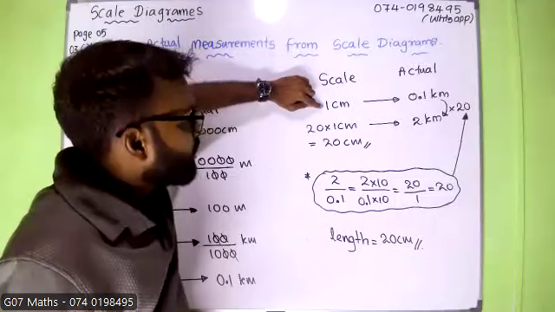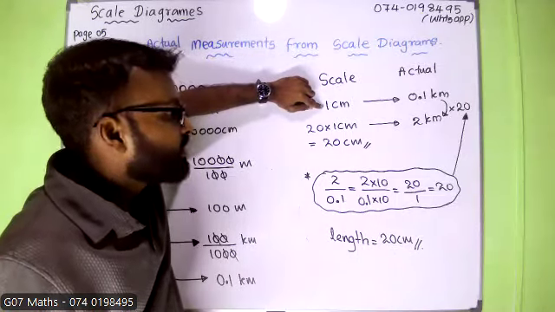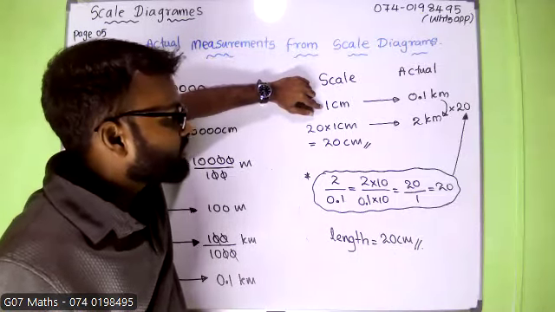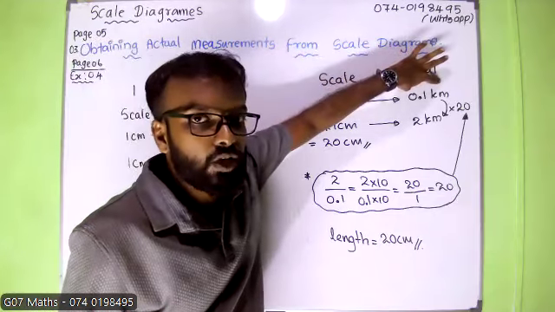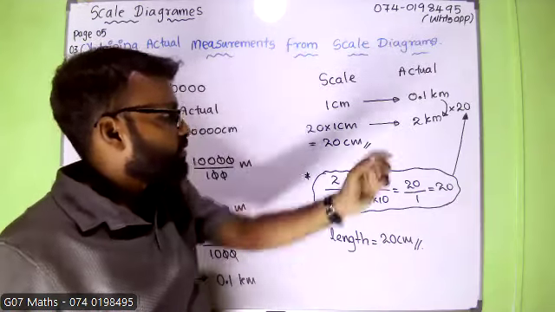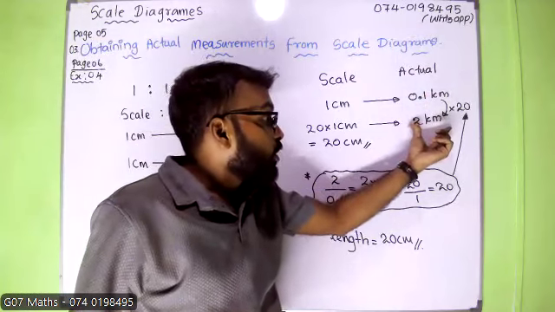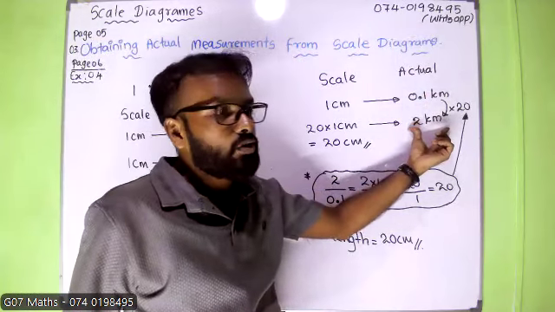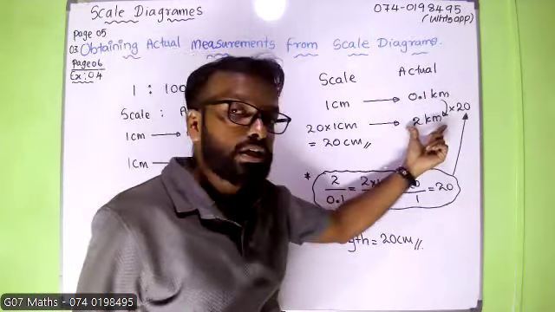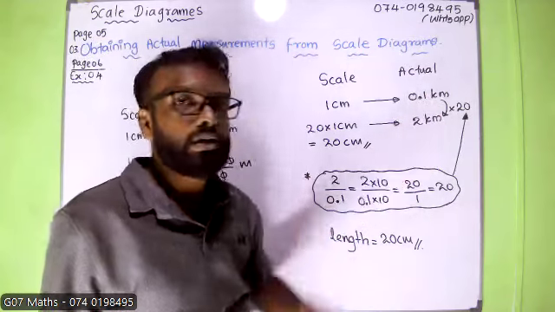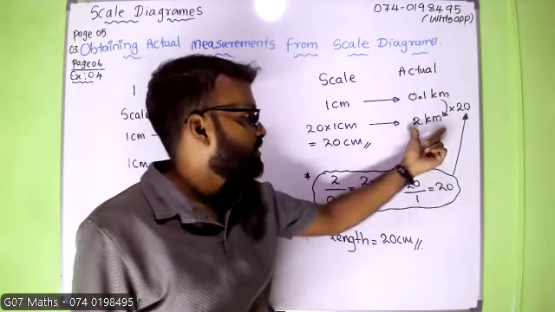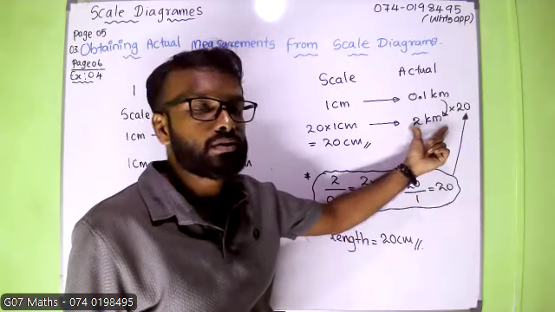Here you have 1 centimeter, and 1 centimeter represents 0.1 kilometers. So we want to represent an actual length of 2 kilometers.